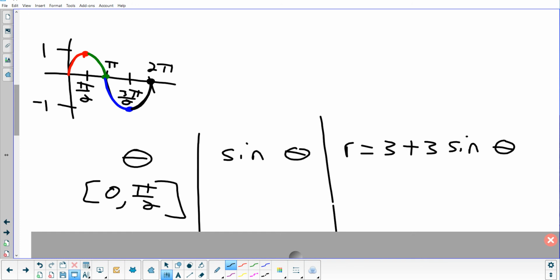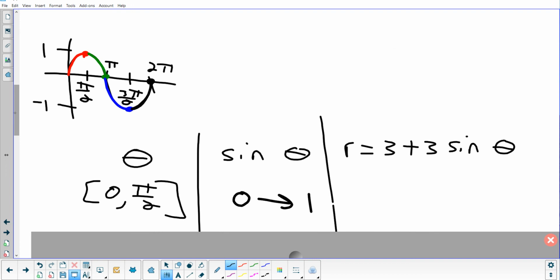It goes from what to what? 0 to 1. If you know that the sine function is increasing from 0 to 1 over this interval, that's going to help you figure out what's happening to this radius.